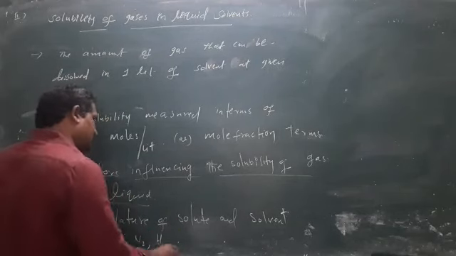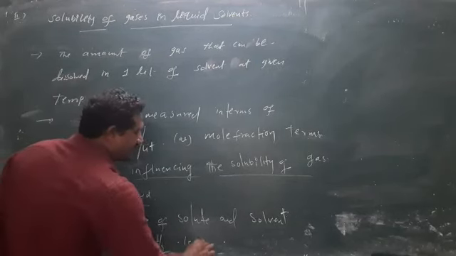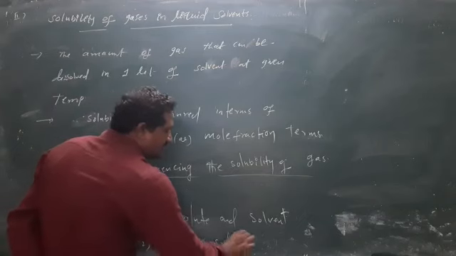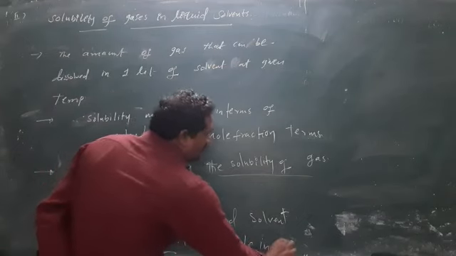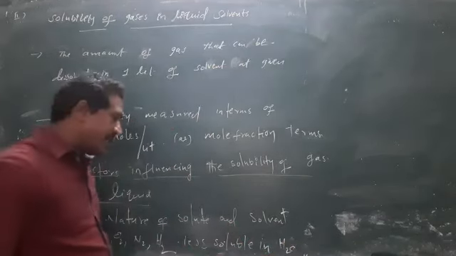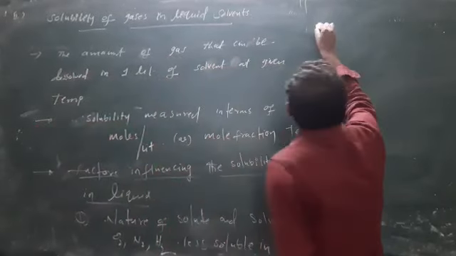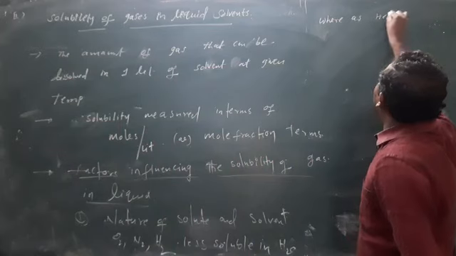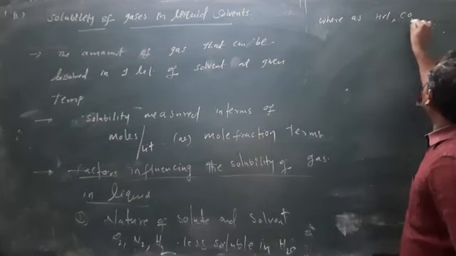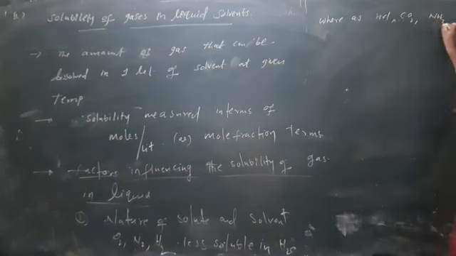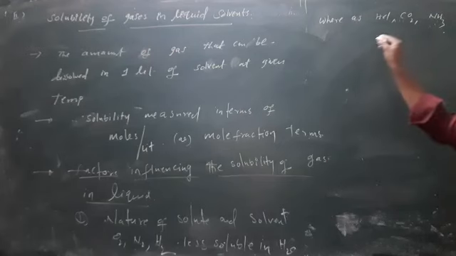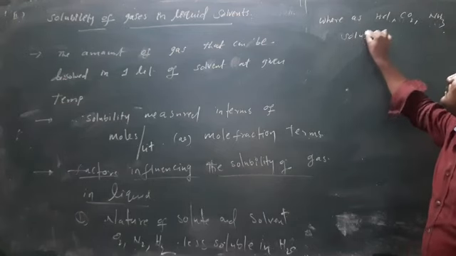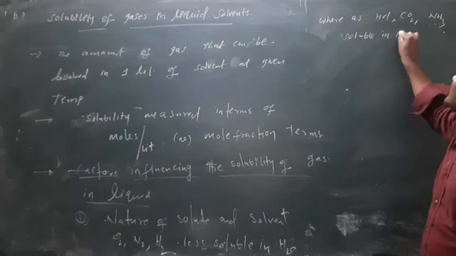That means they are less soluble in water, whereas HCl, CO2, and ammonia are well soluble in water.